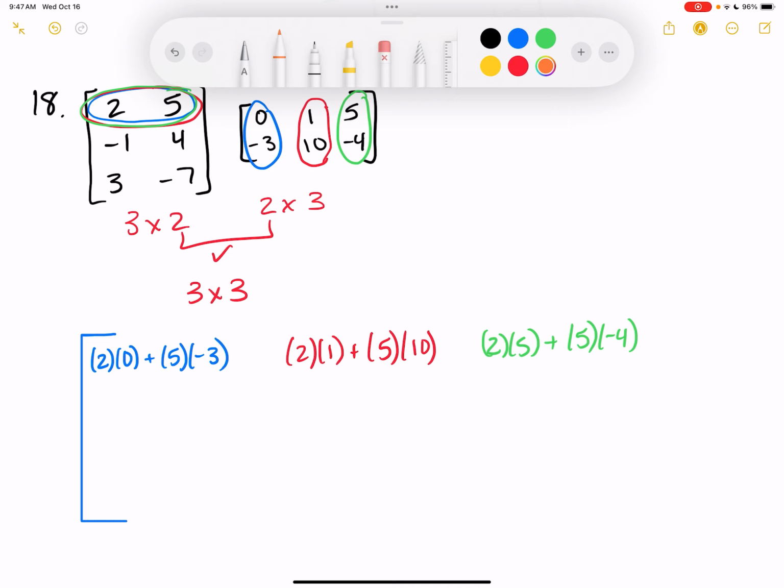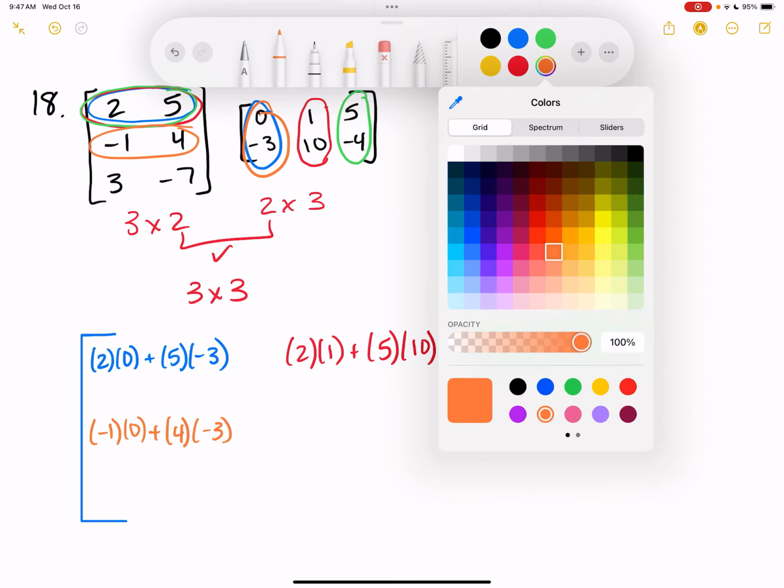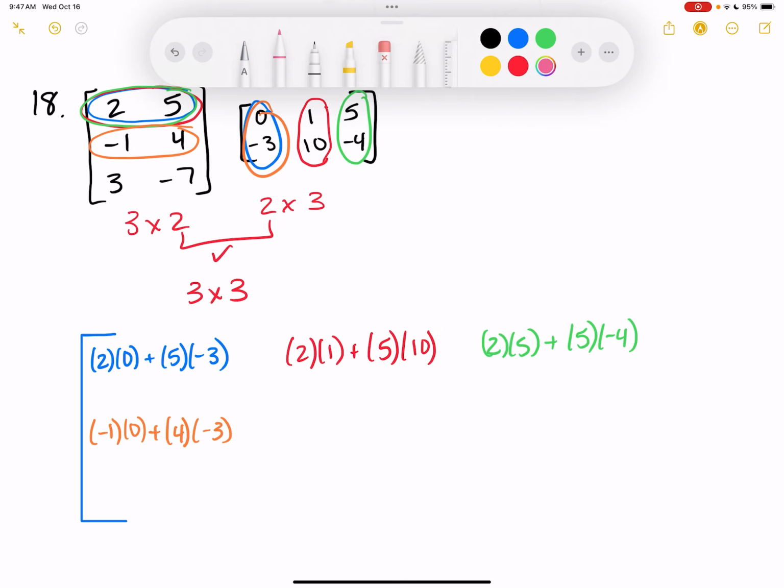Next one, second row, first column. Negative 1 times 0 plus 4 times negative 3. Second row, second column.